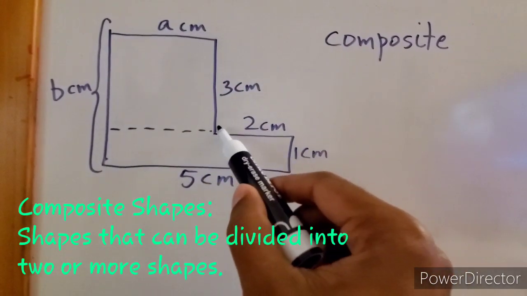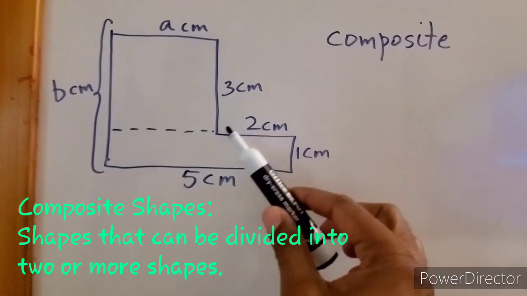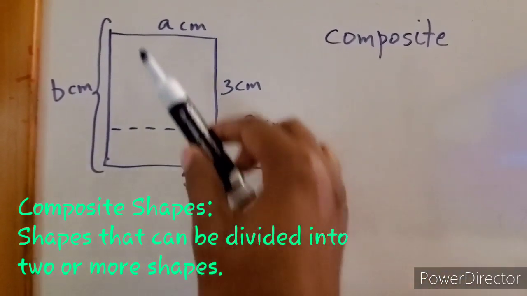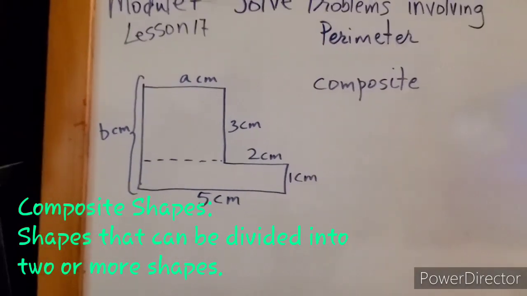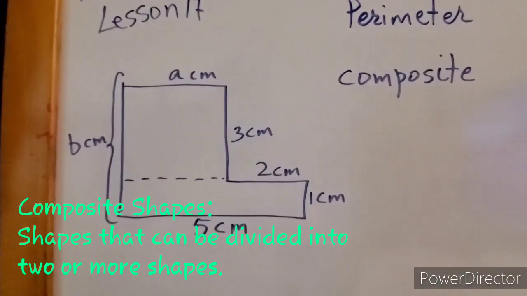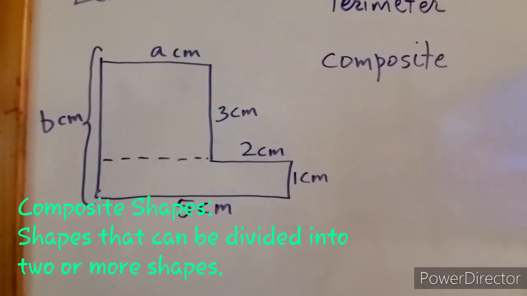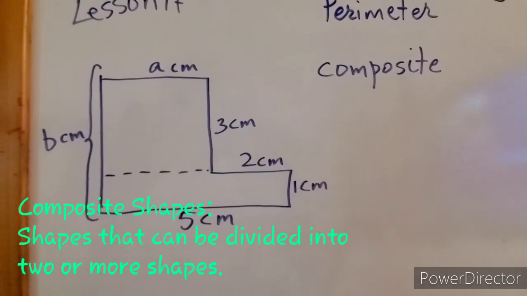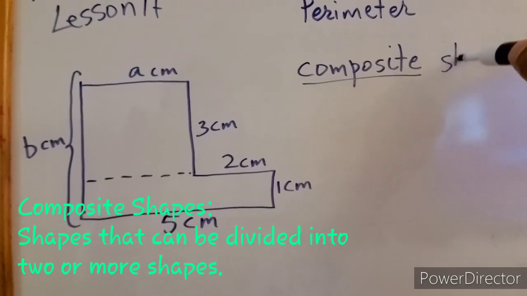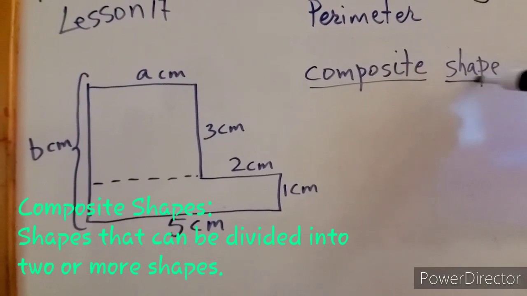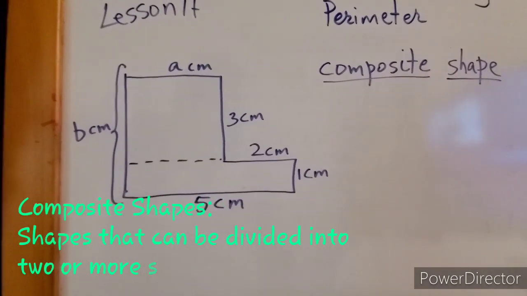You could also cut it down here, where you get a little rectangle right here, and a big rectangle here. But the two are joined, so we call it a composite shape. We're going to find the perimeter of this composite figure. Okay, put a name there so you can remember it.